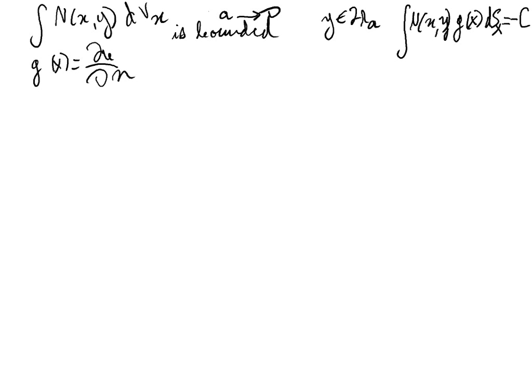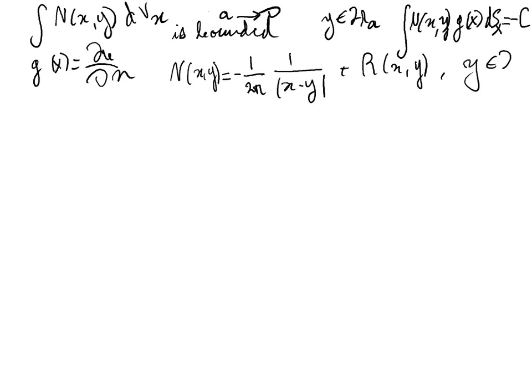If we now take the leading order term of the Green's function, we know that n of x and y equals 1 divided by 2 pi times the distance between x and y, plus a regular term in x and y, for y on the boundary. The reason for 2 pi here, not 4 pi, is due to the image charge. Here r is a regular function.